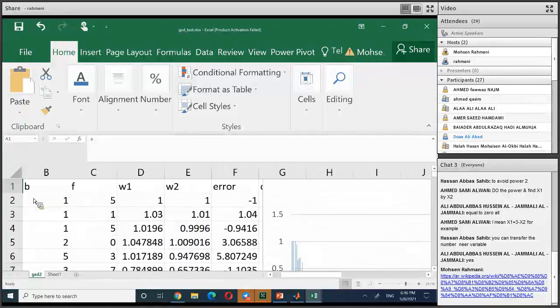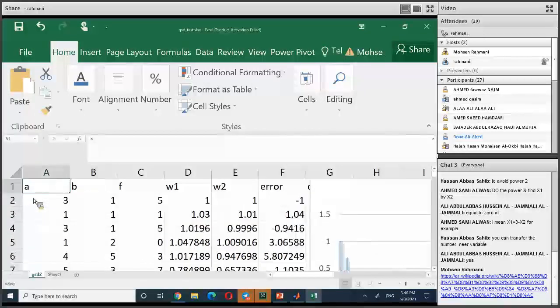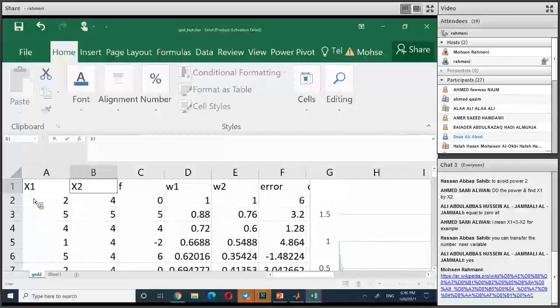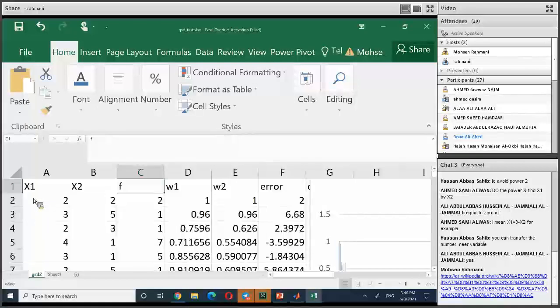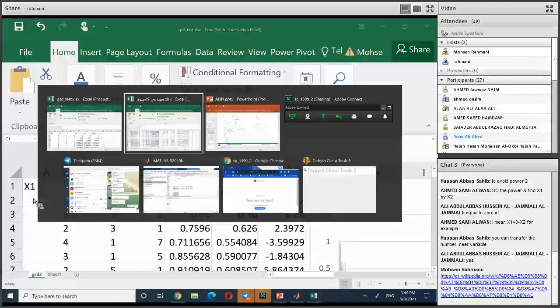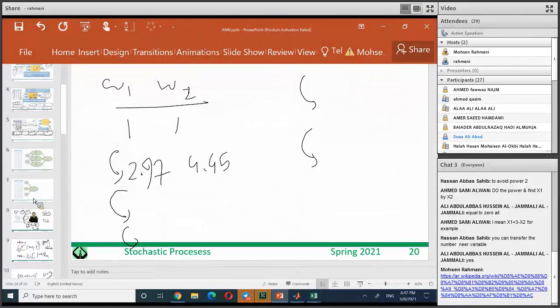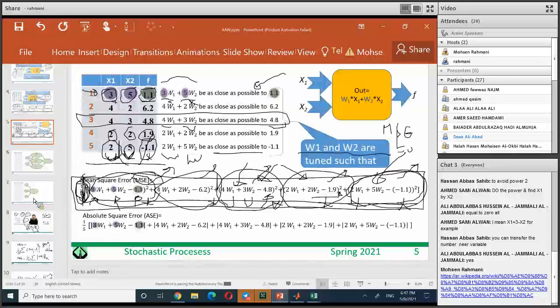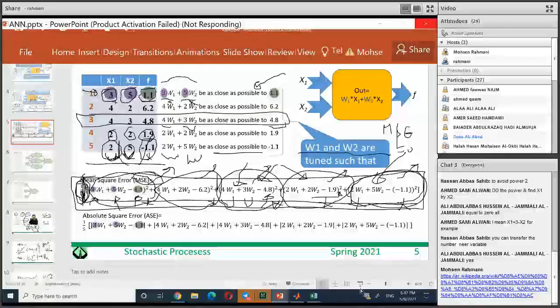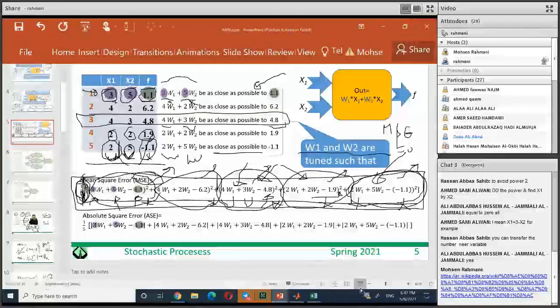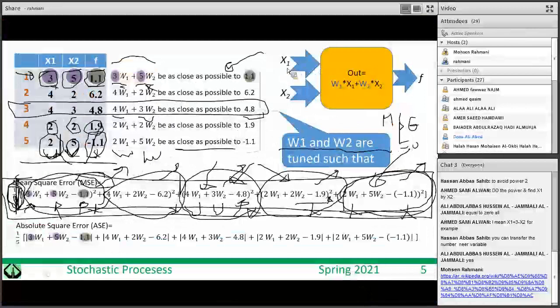Have a look here. Here, this is x1. Let me change the name. x2 and f. Let me see the problem again.